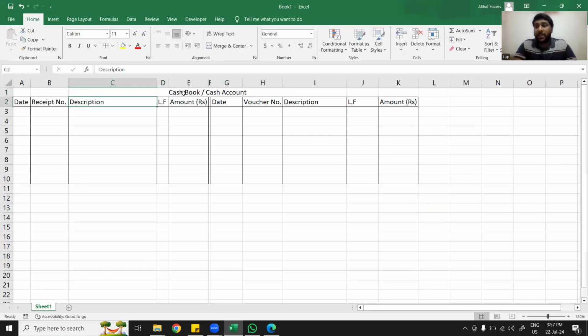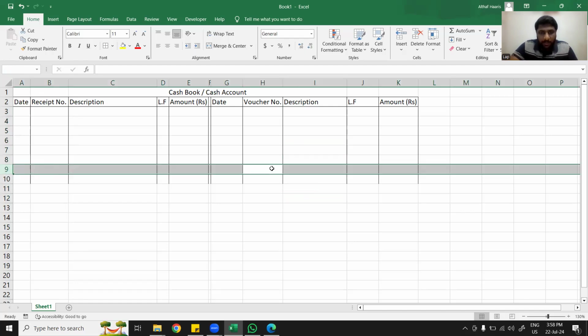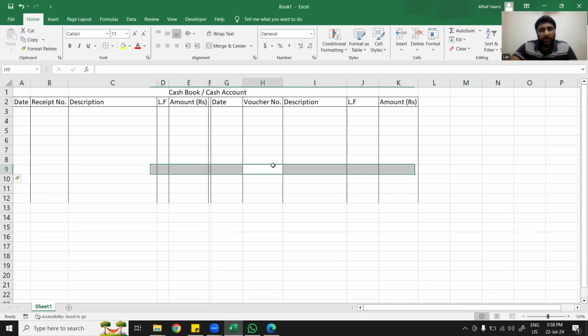It is acting as both, no? So people, put down the format. Keep like 10 lines, 1, 2, 3, 4, 5, 6, 7, 8, 9, 10, for the cash book, and draw a cash book.